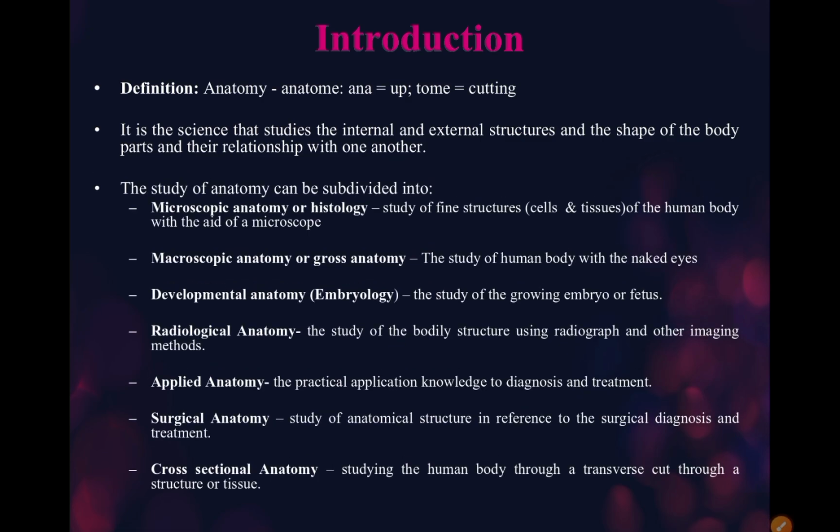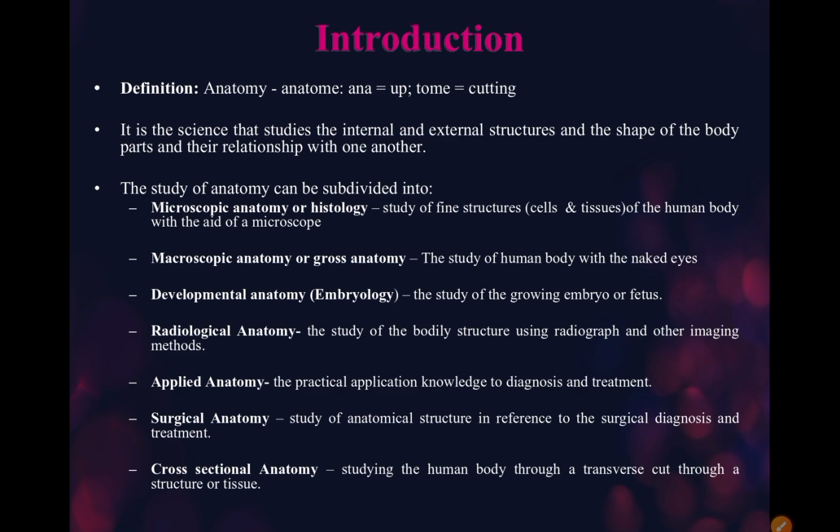First, let's start with the microscopic anatomy, or we call it histology. So what is microscopic anatomy? This is the science that deals with the human body with the aid of a microscope. So whenever you see a group of people studying anatomy with the aid of a microscope, we call it histology or microscopic anatomy.